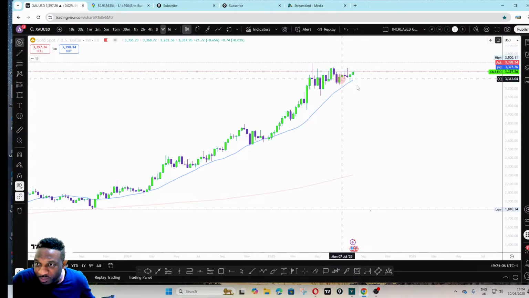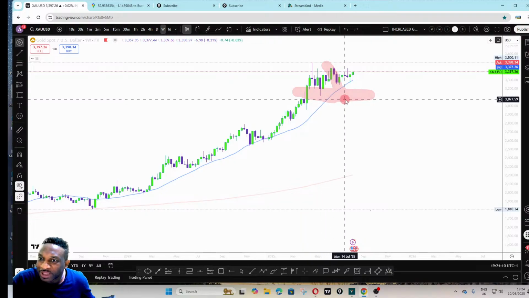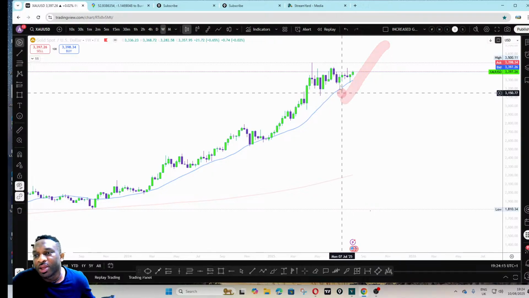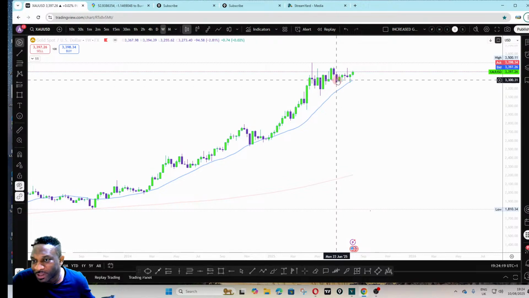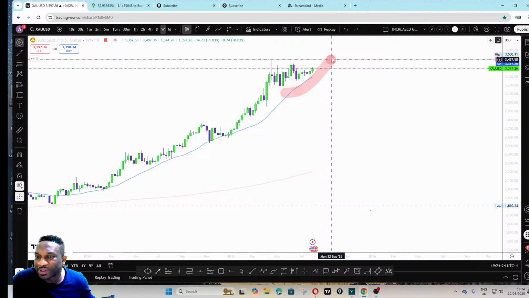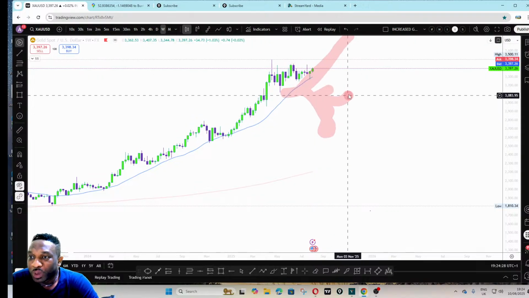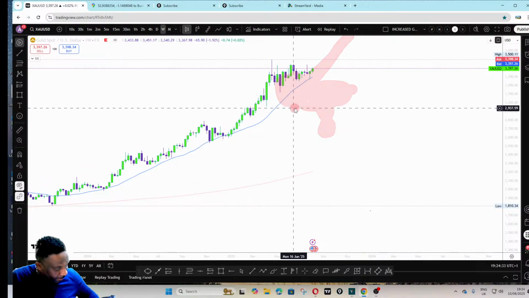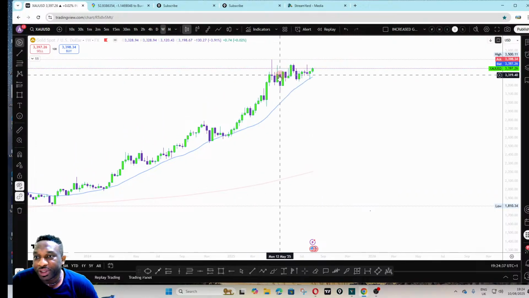So they will come down here, clear all the liquidity, and that gives them the energy to push up to the next level. They more or less sell to buy. So what I'm saying is, we need to always look out for this before we take a trade.